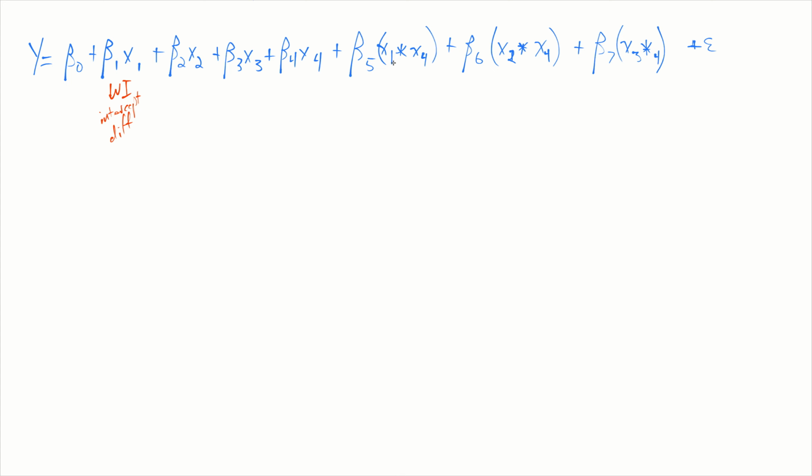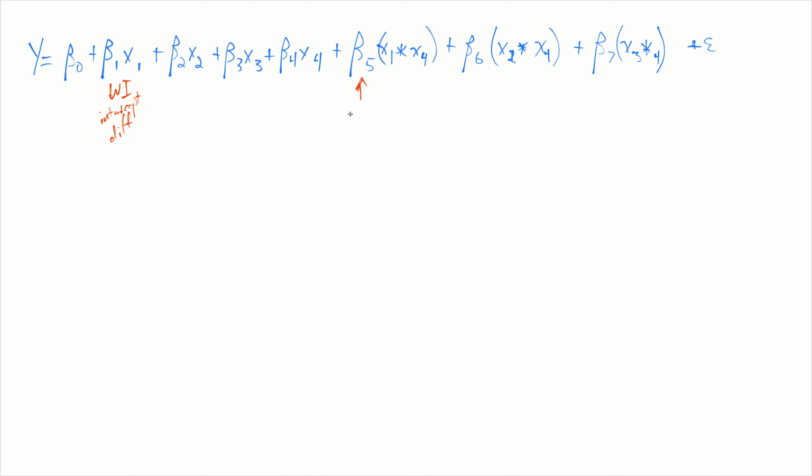So this here is going to reduce to x4. For the effect of nitrogen on corn yield, we're going to have beta 4 times x4 plus beta 5 times x4. And just as we saw in the binary case, we can factor out the x4 and we have beta 4 plus beta 5 times x4.